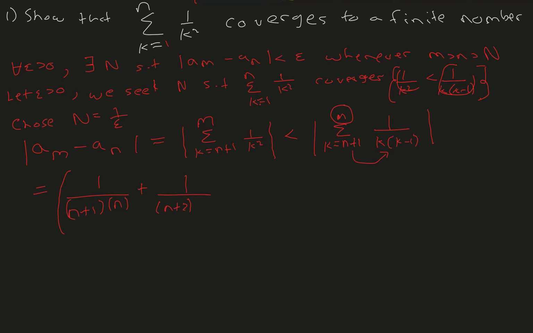Before we go ahead and do that, this is the same as the sum from k equals n plus 1 to m of 1 over k minus 1 minus 1 over k, because 1 over k minus 1 times k is the same as 1 over k minus 1 minus 1 over k. I forgot that step right there.